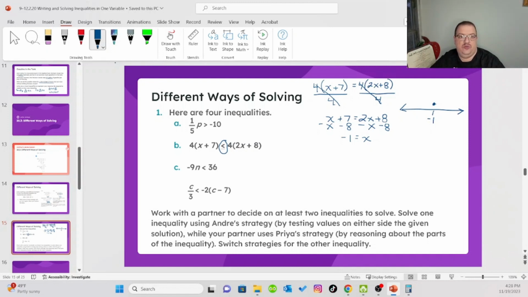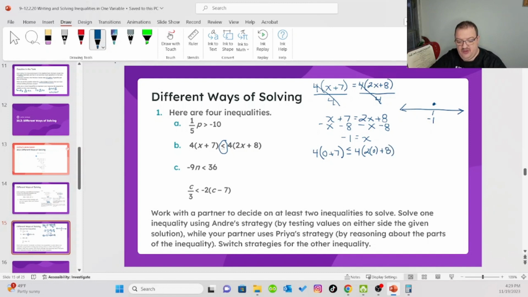Now I need to know which direction to draw it. And Andre's method is testing a number on one side of that point or the other. So I'm going to choose 0. So if I have 4 times 0 plus 7 is less than or equal to 4 times 2 times 0 plus 8.